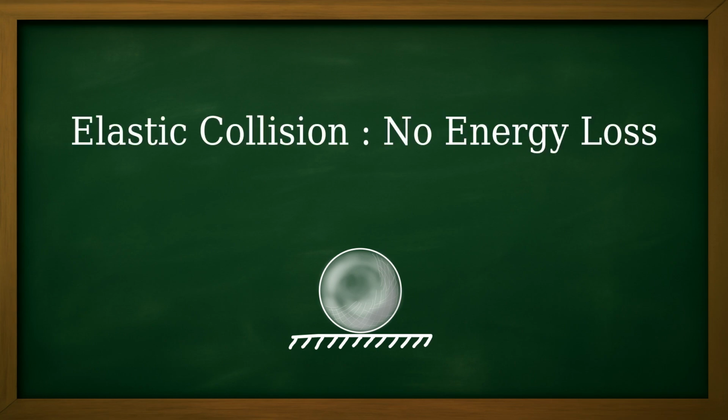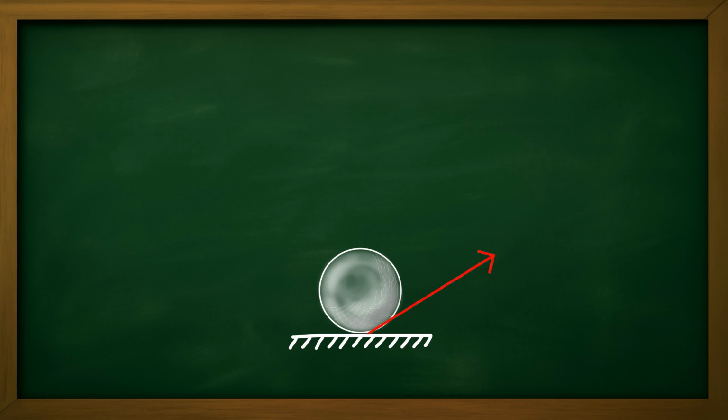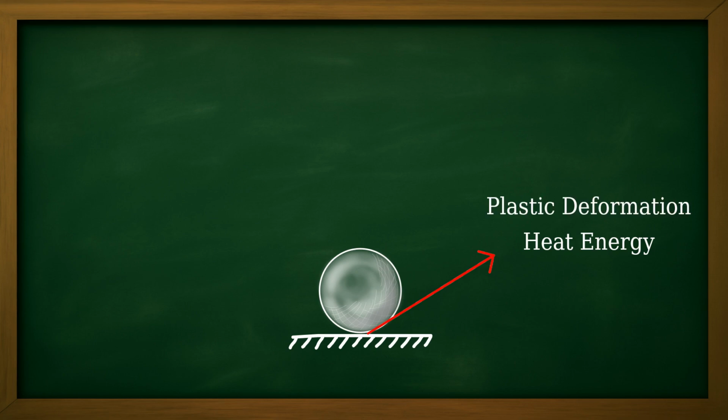It is reasonable to consider that the ball is not losing any energy in this simulation, so it has the same amplitude in every bounce and will continue its motion for eternity. But in reality, when the ball hits the ground, it transfers some of its kinetic energy as heat and plastic deformation.